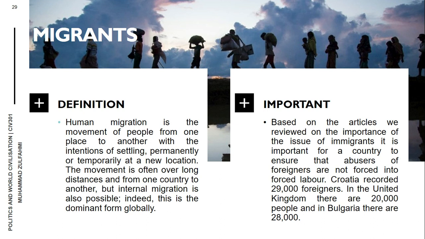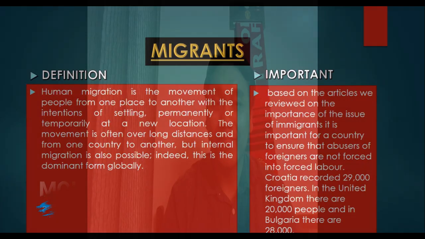Croatia recorded 29,000 foreigners, in the United Kingdom there are 20,000 foreign people, and in Bulgaria there are 28,000, which means Croatia has the highest record for migration.